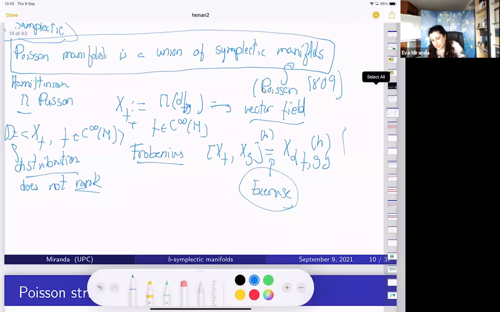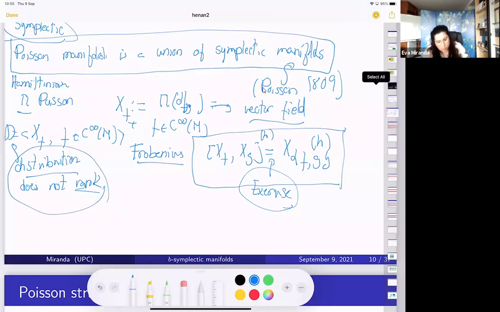This tells you that the conditions of Frobenius are satisfied except for one condition. In Frobenius's theorem, we are asking that the distribution has constant rank. But there is a generalization of Frobenius's theorem, which is due to Stefan, that requires something about this distribution. I'm not going to get technical into this because then I would spend the whole class today just doing this, and I don't want to do just this.